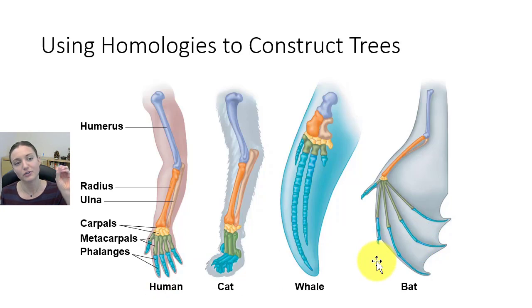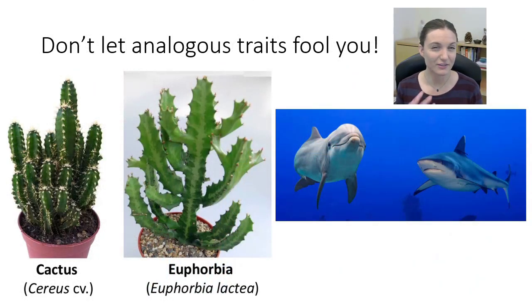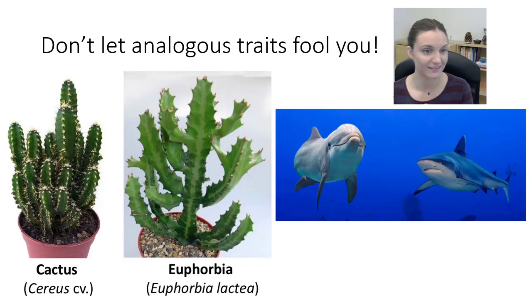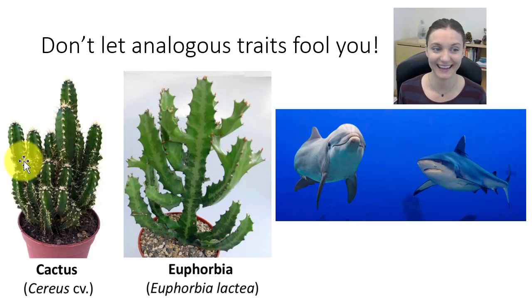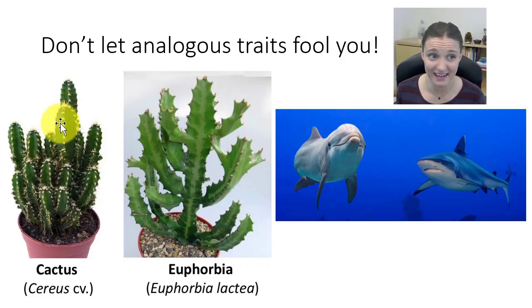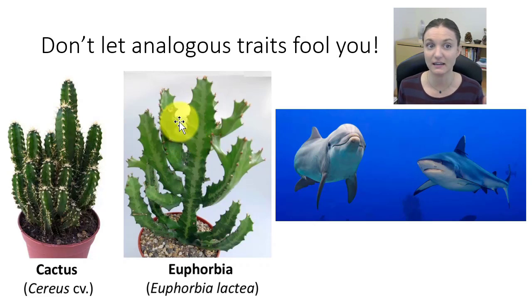So these characteristics shared due to common ancestry are one thing we can use to infer evolutionary relationships. But things aren't always straightforward, because remember analogous structures, right? Convergent evolution: similar environments can select for similar traits. Back to our example of cactus and leaves: the spines on a cactus are modified leaves. We see a very similar structure arise in a distantly related group of plants called euphorbia.